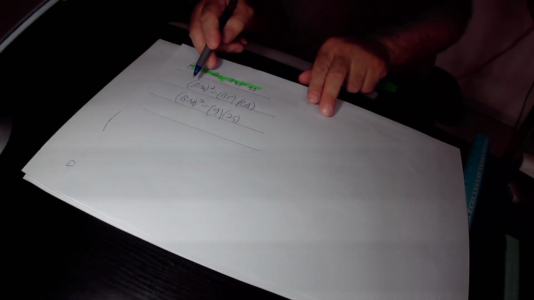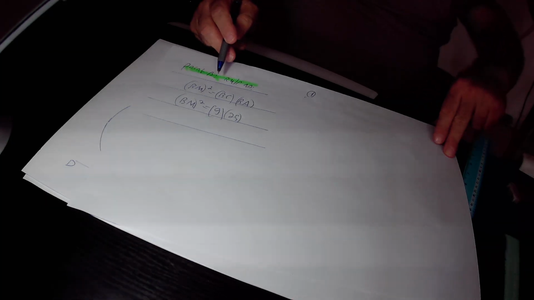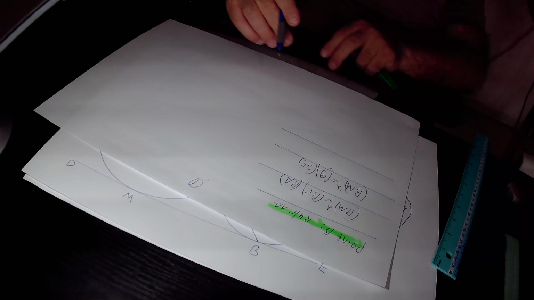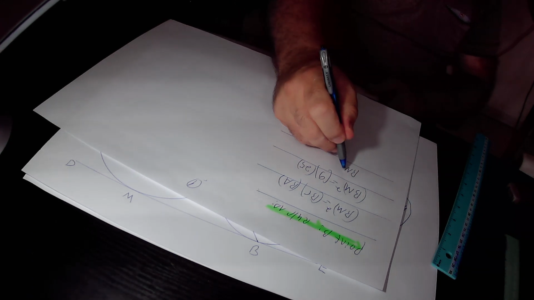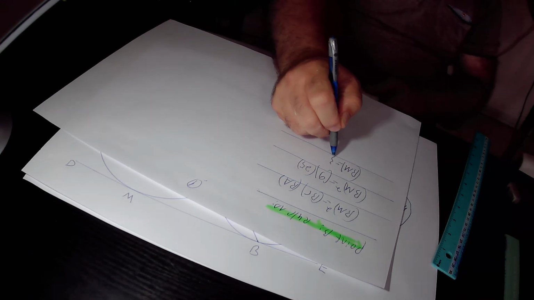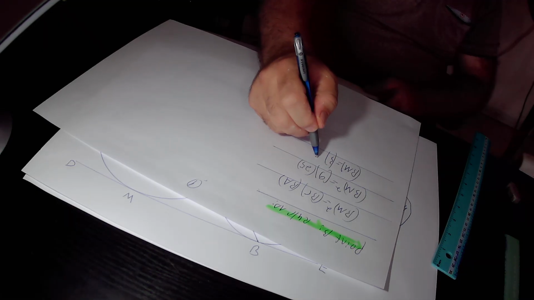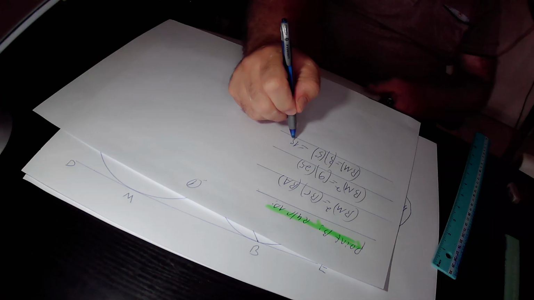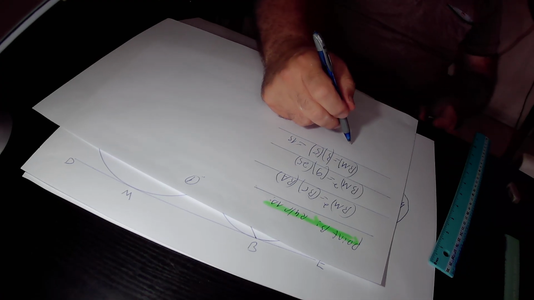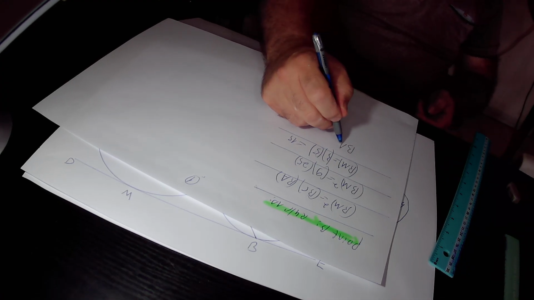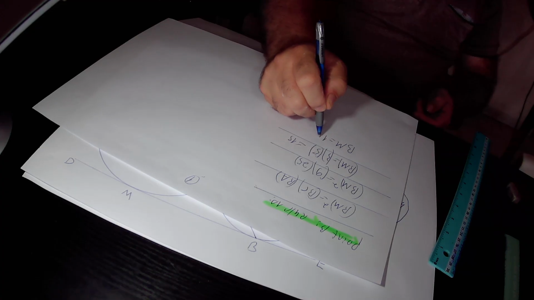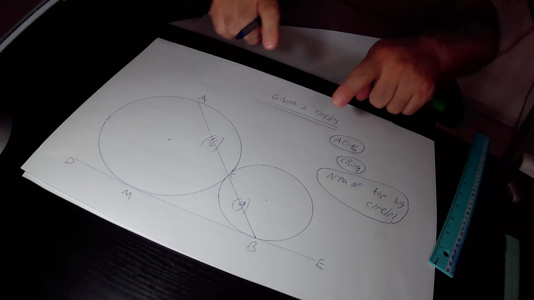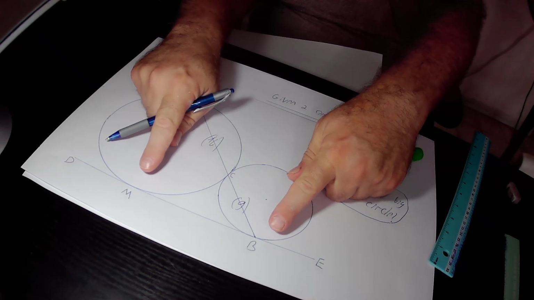Here we take the root of this equation, and we get that BM is equal to the square root of 9, that is 3, times the square root of 25, that is 5. So BM equals 3 times 5, that is 15. So the length of tangent BM is equal to 15 units.